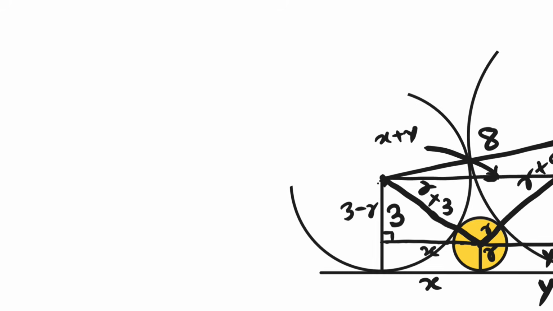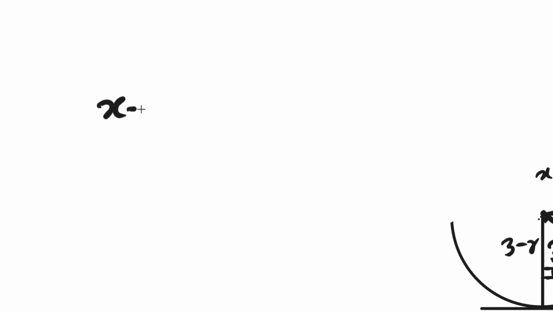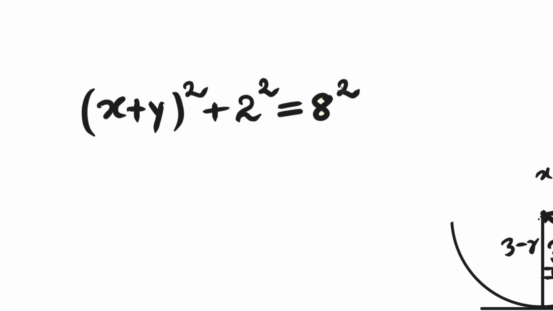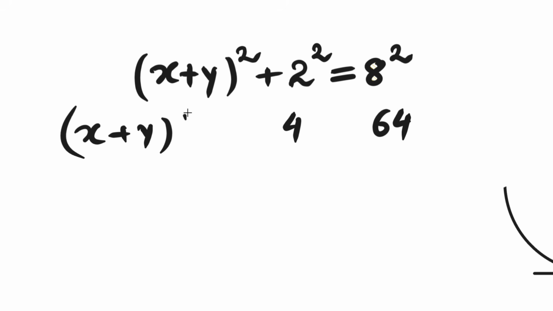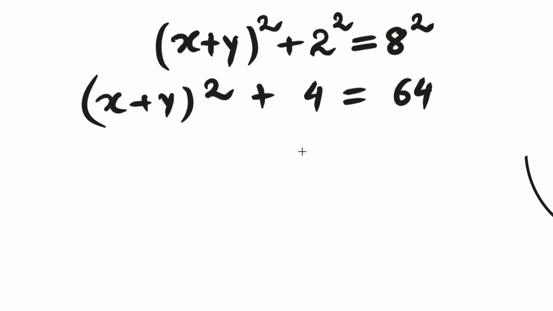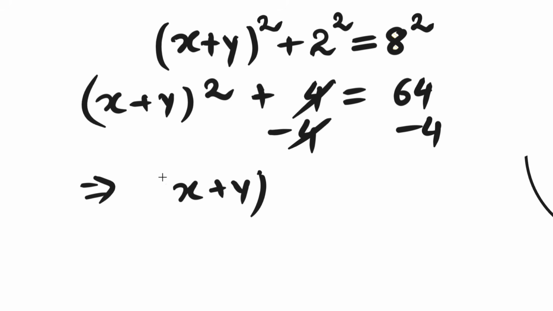Applying the Pythagorean theorem, we get (x plus y) squared plus 2 squared equals 8 squared. 2 squared is 4, and 8 squared is 64. So we have (x plus y) squared plus 4 equals 64. Subtract 4 from both sides and we get (x plus y) squared equals 60.